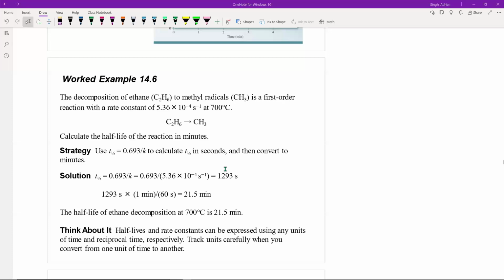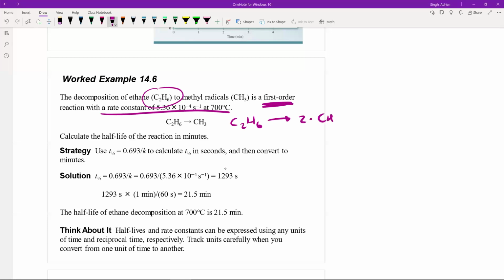So let's take a look at a very simple example of this. We're told here the decomposition of ethane to methyl radicals is first order. That's the first thing. This is not a completely correct equation, so let me rewrite this. This is the same equation we saw previously.